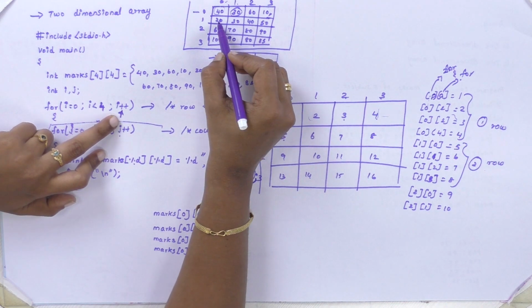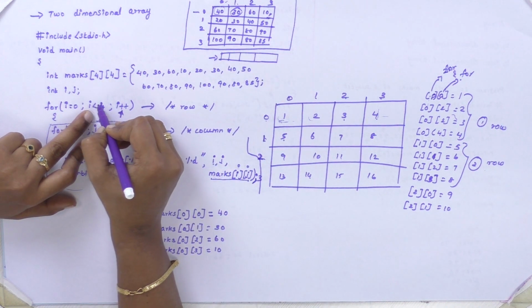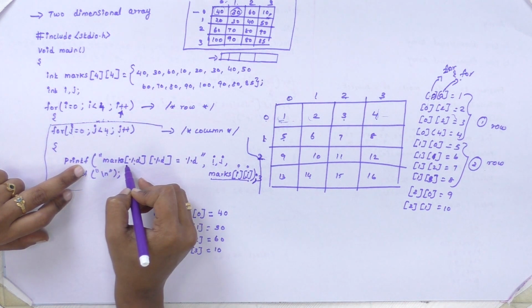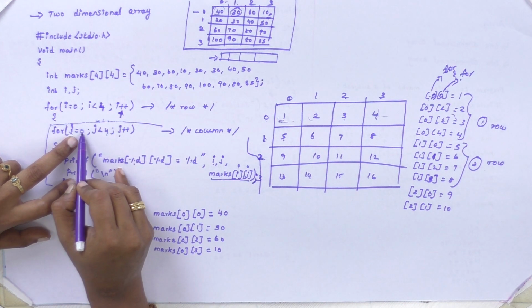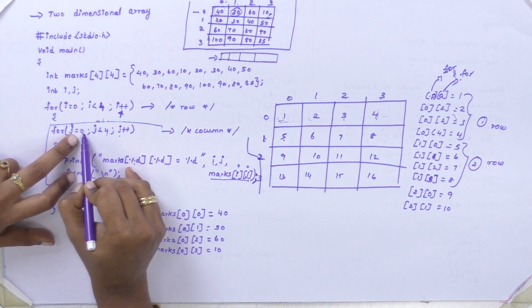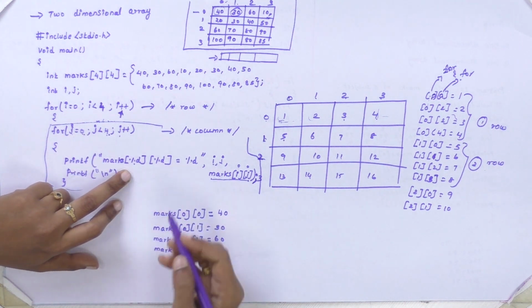So next, the i value will be incremented by 1 and it will check the condition 1 less than 4, the condition will be true, and it will enter into the loop. Again the j value starts from a new process: j value will be 0, 0 less than 4, the condition will be true and it will enter.